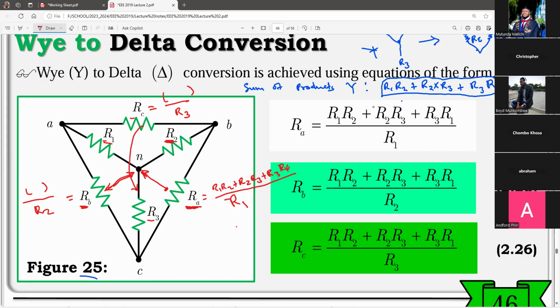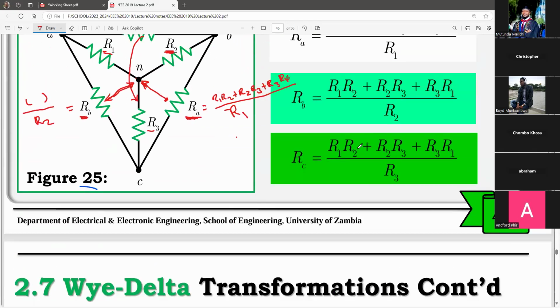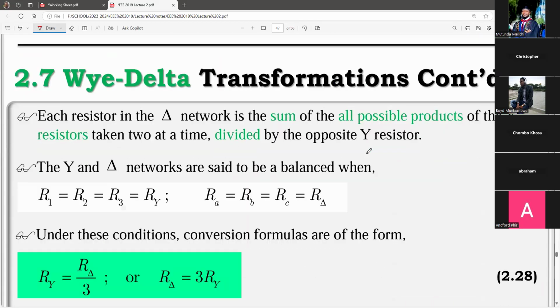But at least one hint that I know is that provided you are dividing by a single resistor, then you are moving from star to delta. Otherwise, the other one you are dividing by a sum of those individual resistors. So that is the difference between delta to star and star to delta.